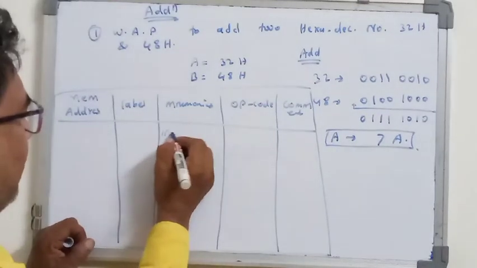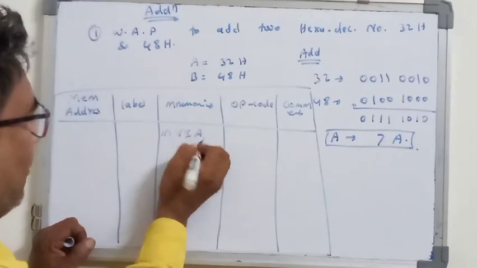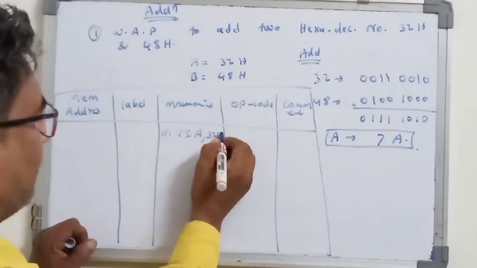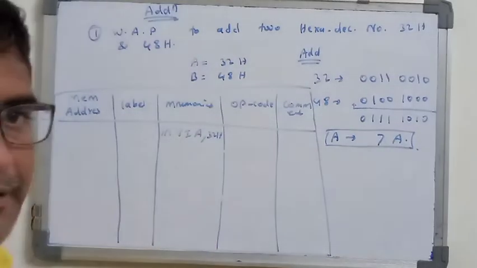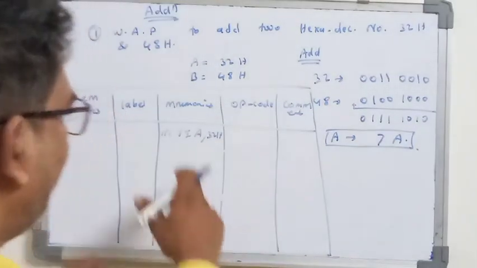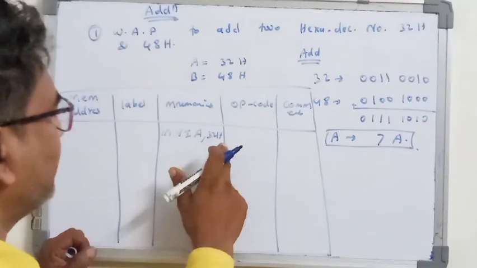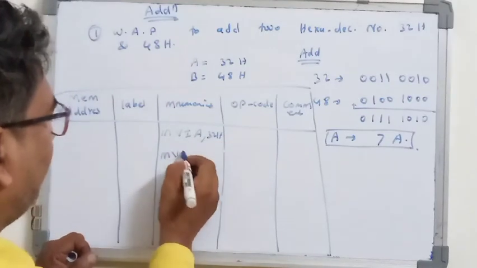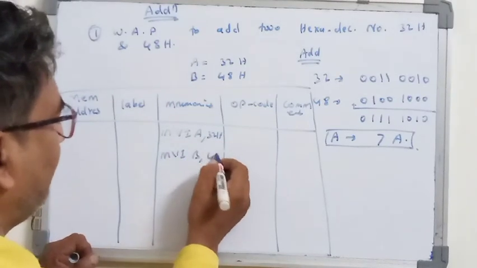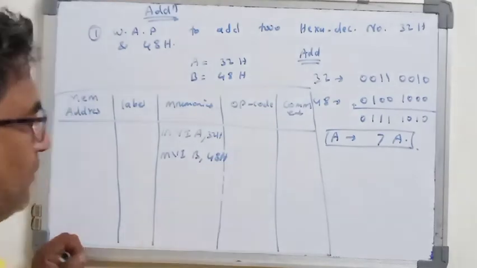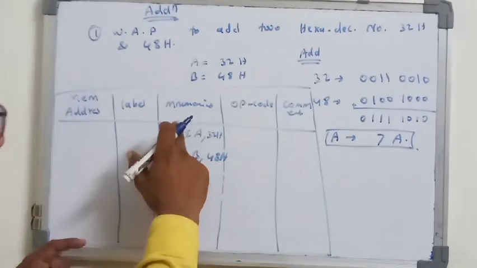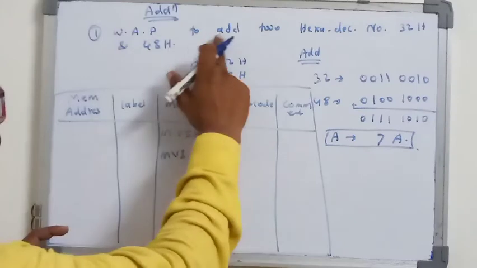So the very first thing, MVI A, comma 32H, because it is direct, we have to store that number in the A register, so directly I have written MVI A 32H, then MVI B 48H. Okay students, now what is the main thing we have to add?